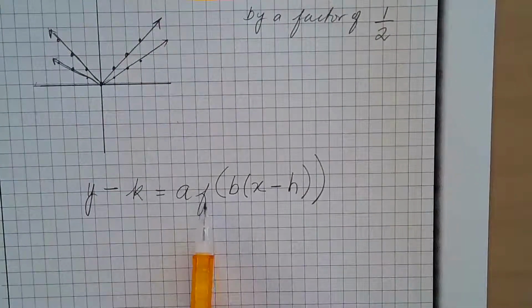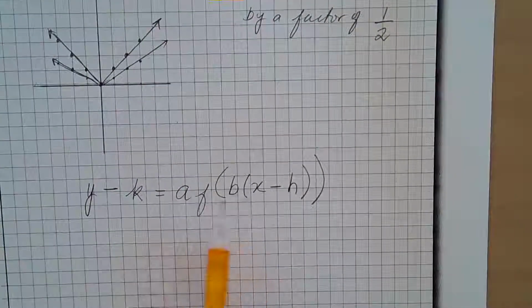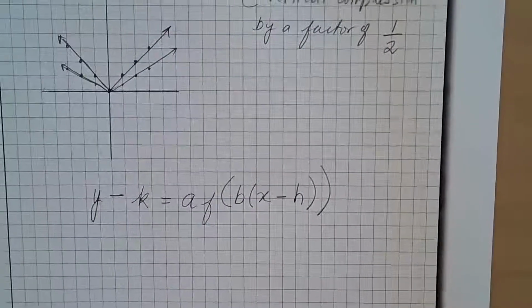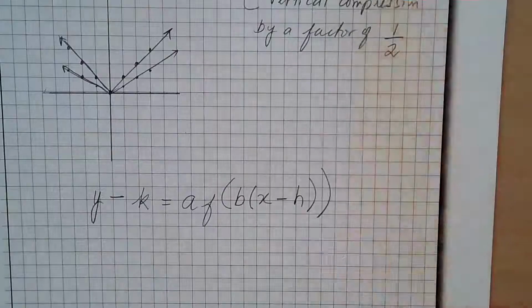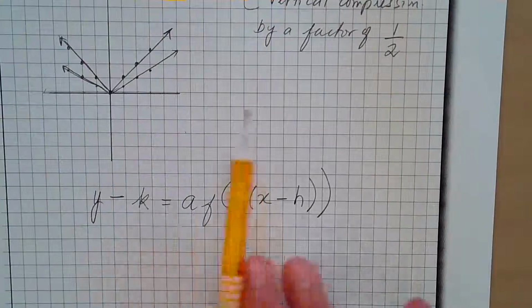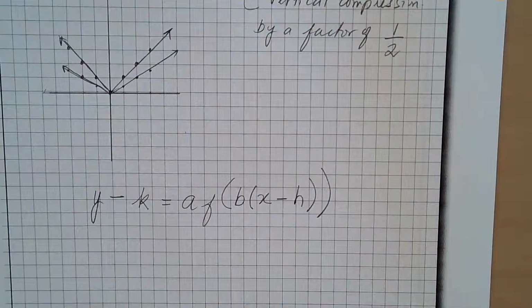We don't know what the function is. We know what kind of transformation is happening, but we don't know what that function is. So I'm hoping by doing this, we can look at a specific function, and from there, we know what transformation is happening. Okay? So I'm going to pause right here.